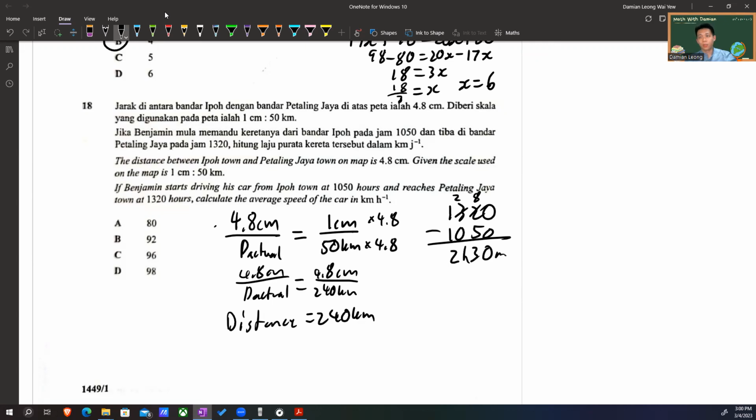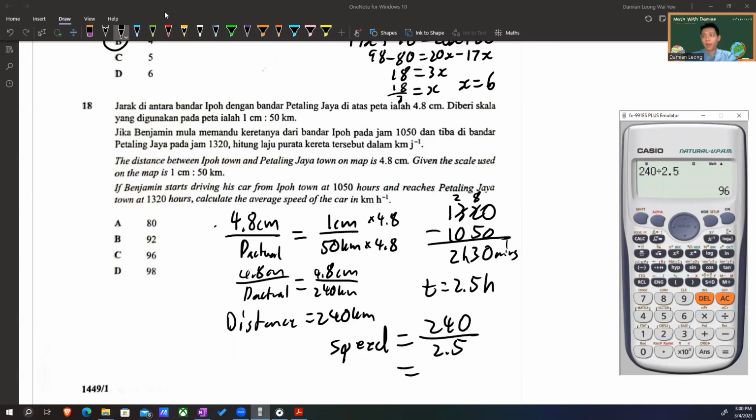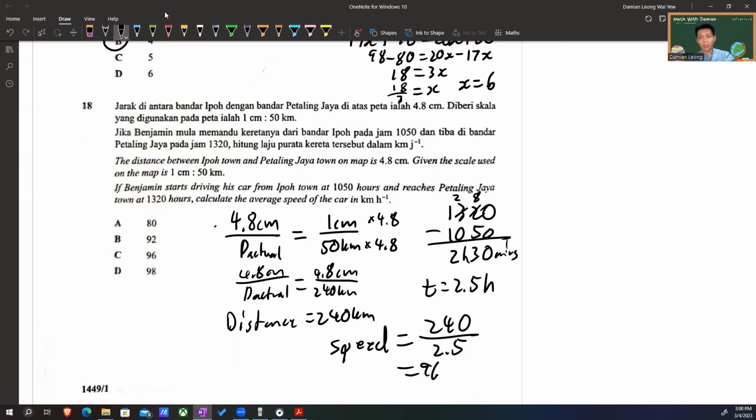So 2 hours 30 minutes, which means the time is 2.5 hours. So speed is distance traveled over the time taken. 240 divided by 2.5, I get 96 km per hour. Answer C.